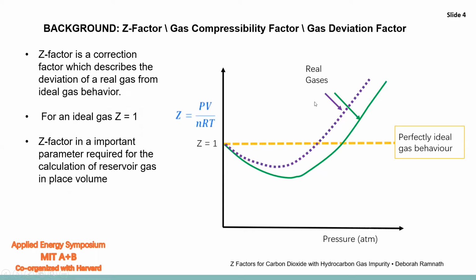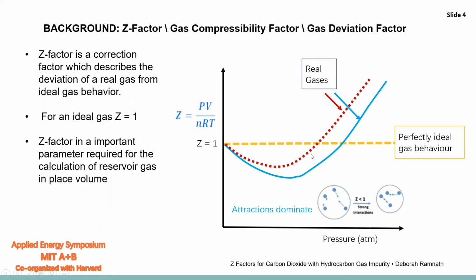However, in the case of real gases, a completely different trend is observed. Firstly, at atmospheric pressure, Z is equal to 1. As pressure increases at the lower pressures, attractive forces dominate, which cause Z to be less than 1.